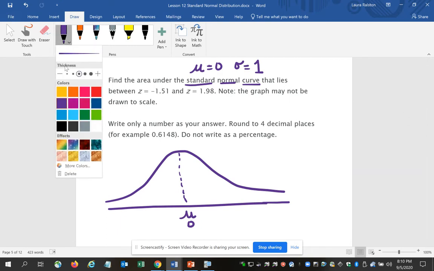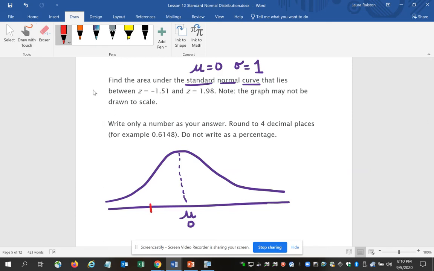A z-value of negative 1.51, because it is negative, would be below the mean. So this would be z equals negative 1.51. I'm just estimating where it's located. And then 1.98, which is positive, a positive z would be to the right.